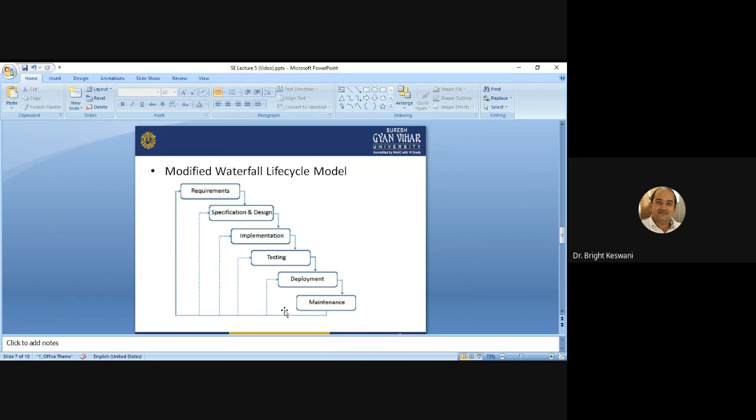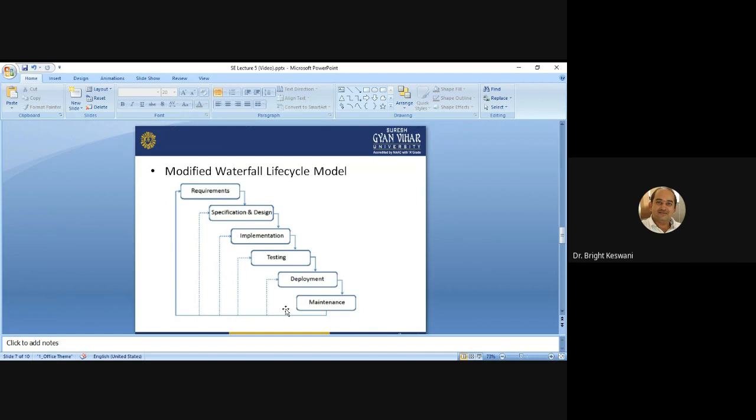So rather than being a simple linear model, it needs to be an iterative model. And to facilitate the completion of goals, milestones, and tasks, it is normal to freeze parts of the development after a certain point in the iteration.